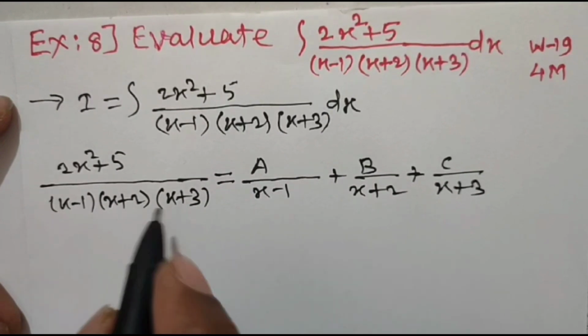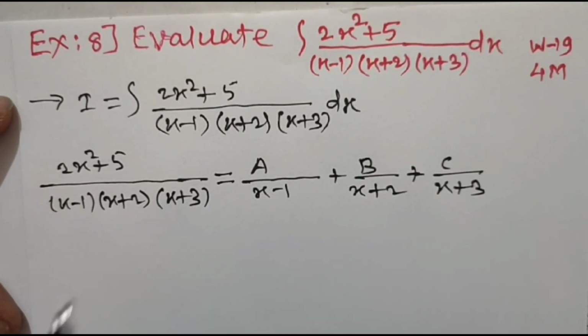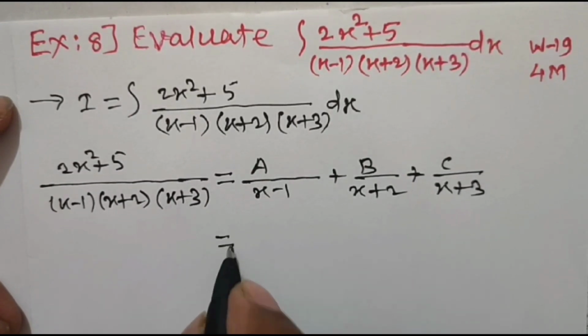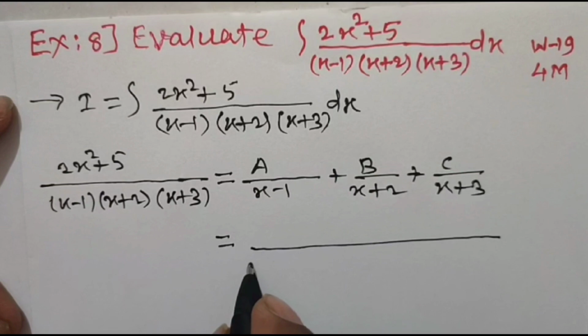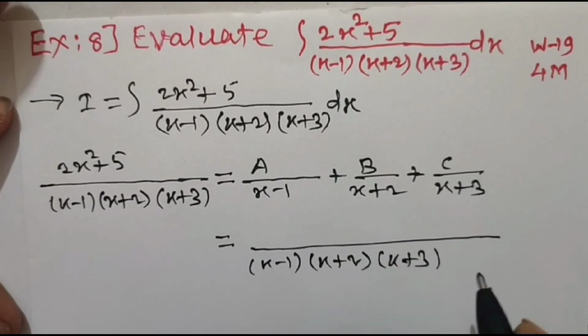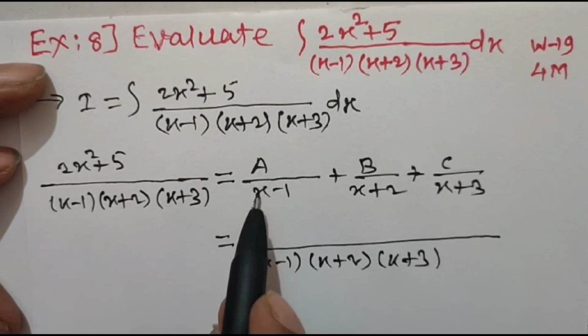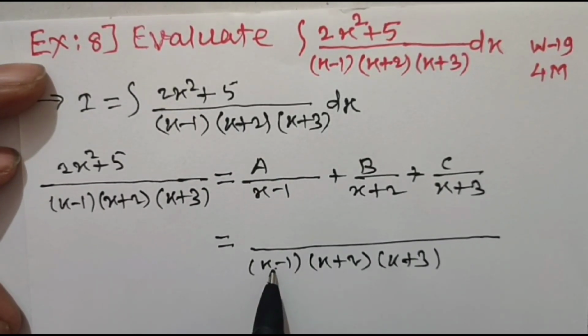Now, denominator of left hand side is x minus 1 into x plus 2 into x plus 3. So, LCM of right hand side we have to take denominator of left hand side, x minus 1, x plus 2, x plus 3. Now, denominator of arbitrary constant a is x minus 1. This x minus 1 gets cancelled with this x minus 1.